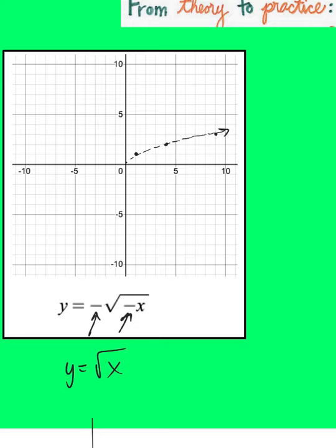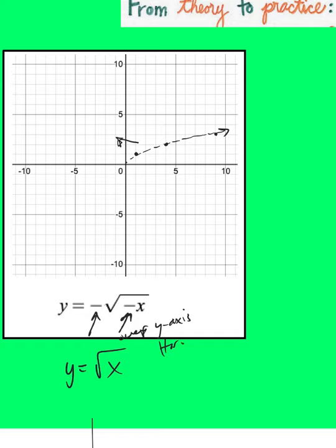This starts to get a little goofy with that negative inside. You don't want to get stuck in the whole negative square root idea, but a negative inside next to the x is a horizontal reflection. This is a reflection over the y-axis, which is horizontal.